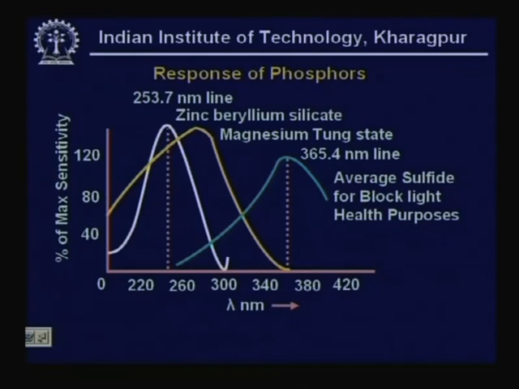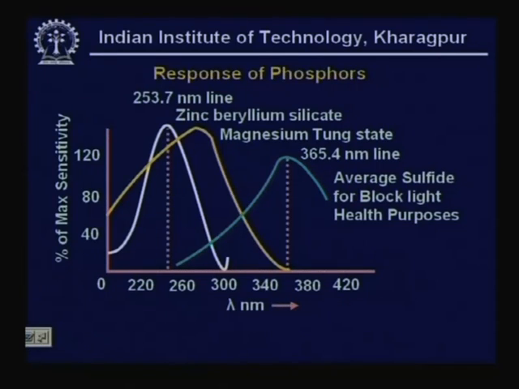As against this, we do have magnesium tungstate, which has a peak between 265 to 280, and the sulphides, which are very often used. These are special materials, zinc beryllium silicate and magnesium tungstate. The sulphide has around a 5.4 nanometer line.